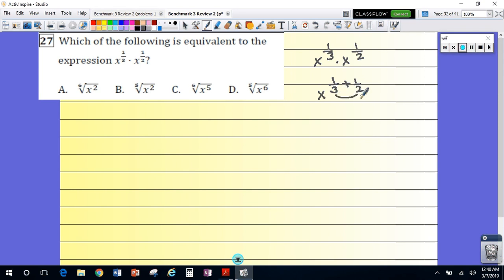We multiply the denominators, next cross multiply 1 times 2, that is 2, plus 3 times 1, that is 3. So which is x to the exponent 5 over 6. So again we bring down this one, that is 6th root of x to the exponent 5. So the answer is C.